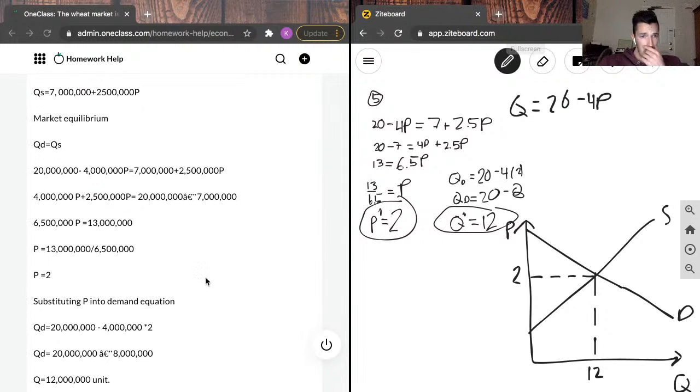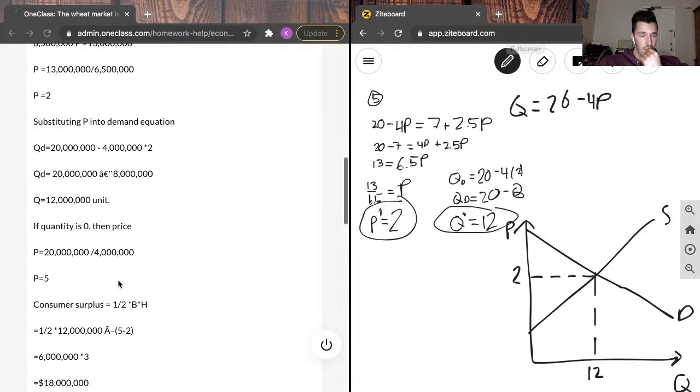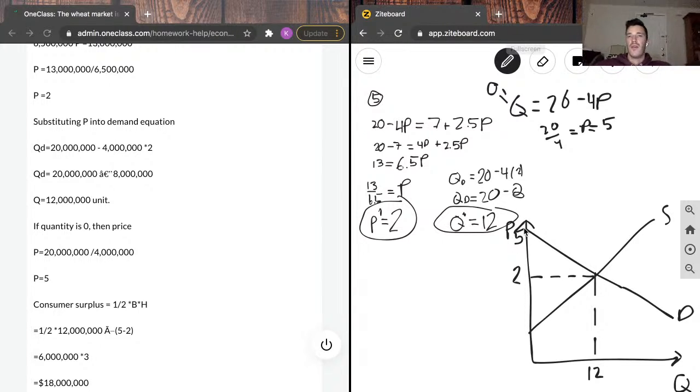Oh, we're just saying if Q is equal to 0, then we've got 20 equals 4P. 20 over 4 equals P, which is going to equal 5. That's for our quantity demanded. So draw 5 up here. Similarly, for the other equation, we've got quantity supplied equals 7 plus 2.5P.